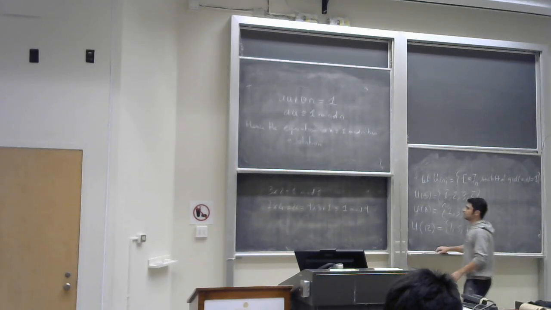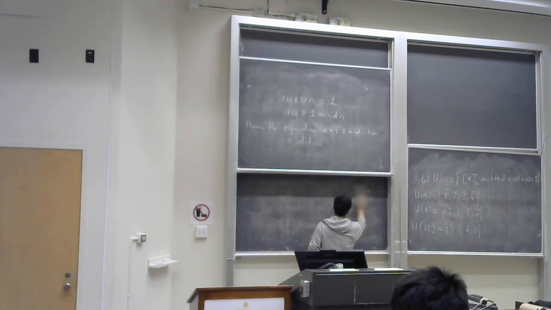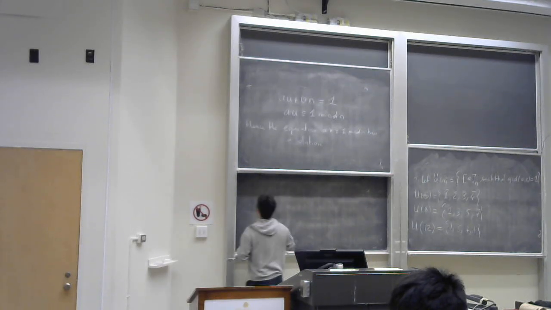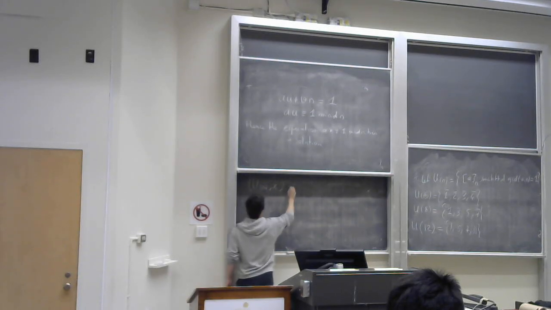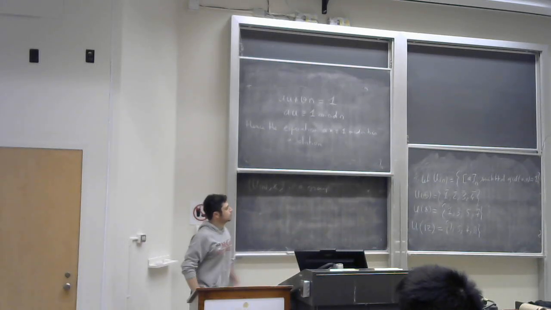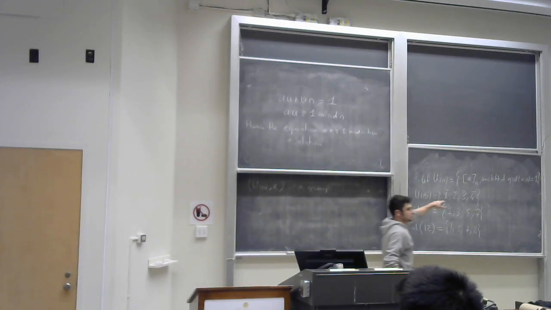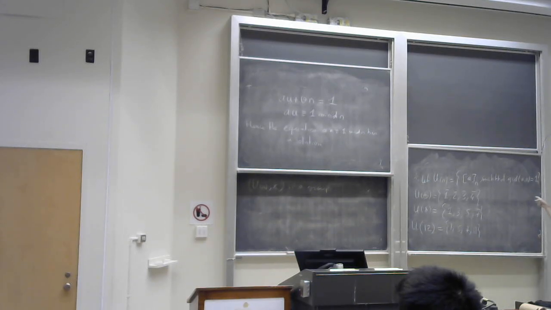Now I claim that U_n under multiplication is a group. The first thing to note is that this gcd business here is well defined. Let's try an example.